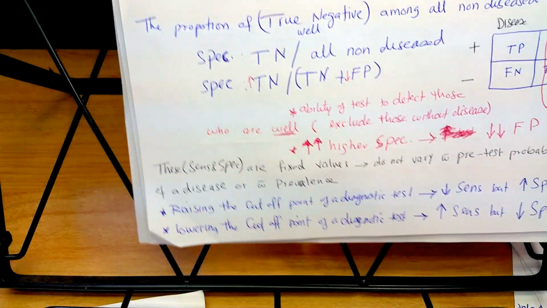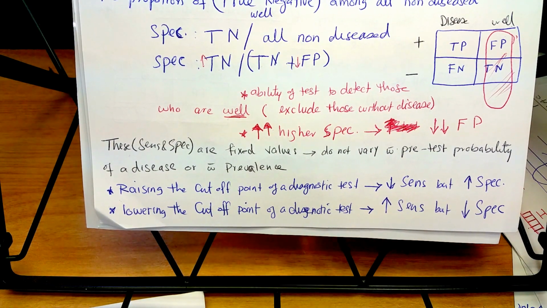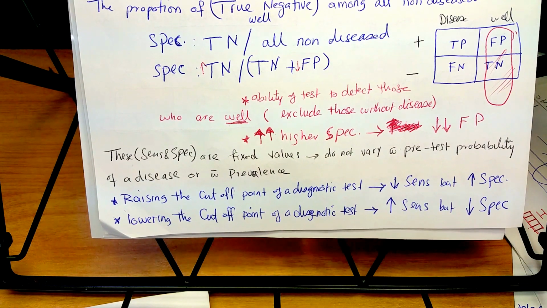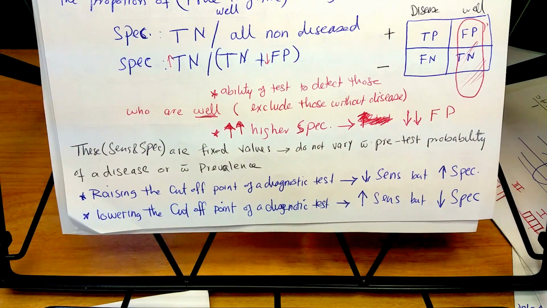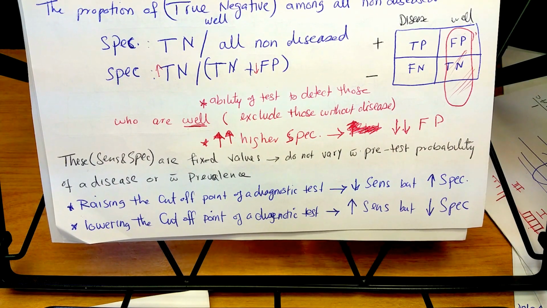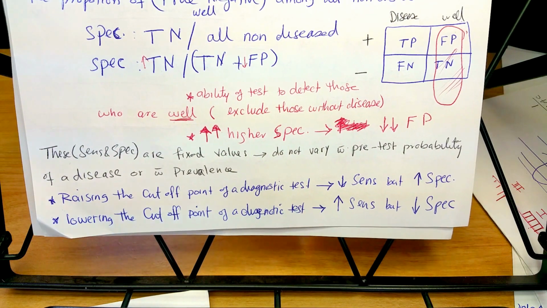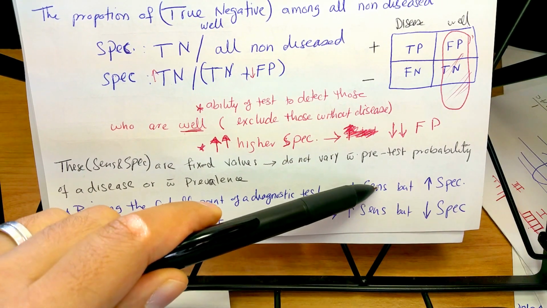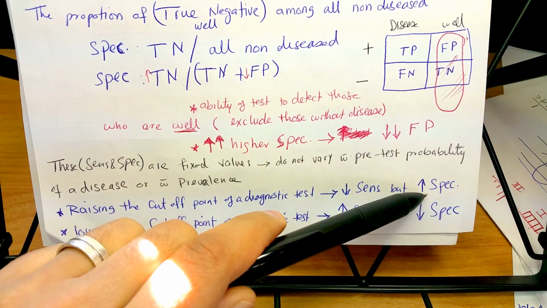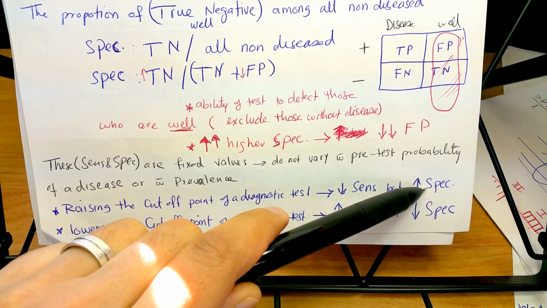We'll talk later more about raising the cutoff and what it does, but let's mention it here also. So when we raise the cutoff of a diagnostic test, it becomes harder and harder to detect those with the disease, the true positive results. So we'll decrease the sensitivity, but those who are detected will be the true ones who have the disease.